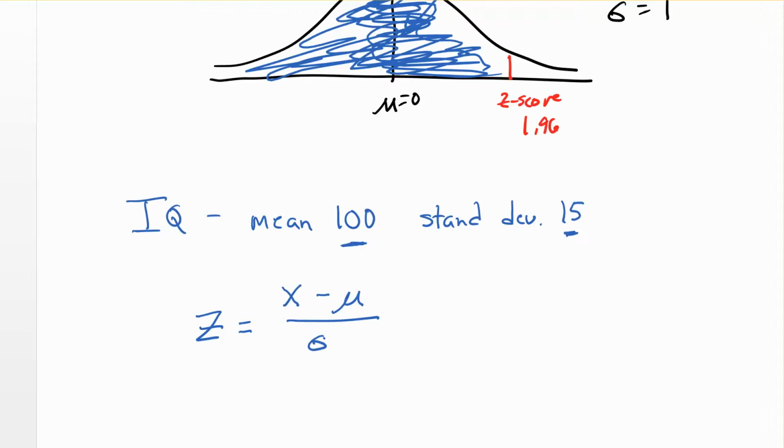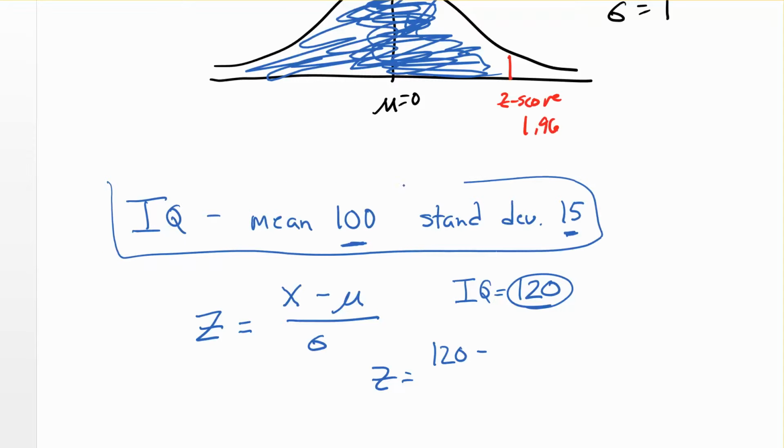So for example, in the IQ example, if we wanted to know what is the z-score associated with an IQ of, let's just say 120. So you take an IQ test, you get a score of 120. Where does that place you on the standard normal curve? Well, this would be our random variable x. So the z-score would be 120 minus the mean. And for our IQ problem, the mean is 100.